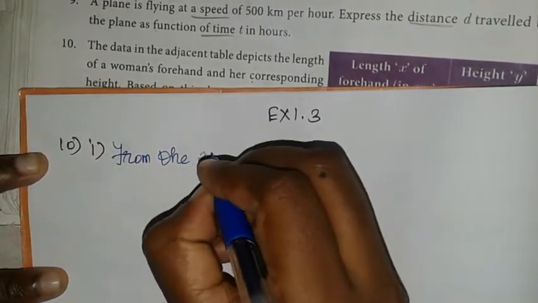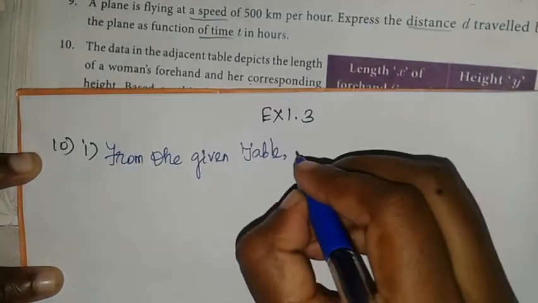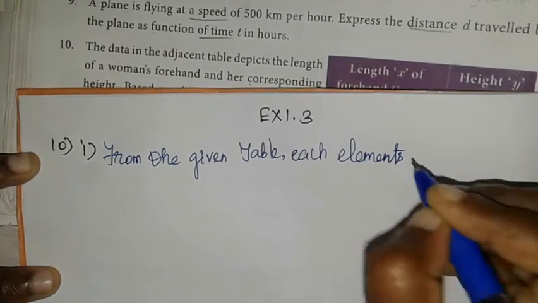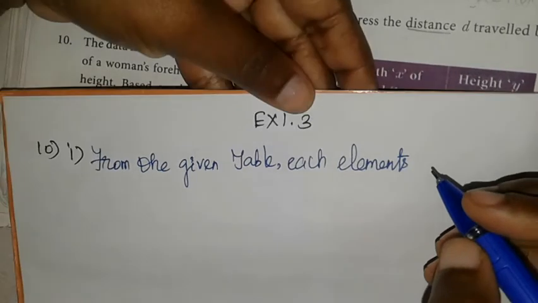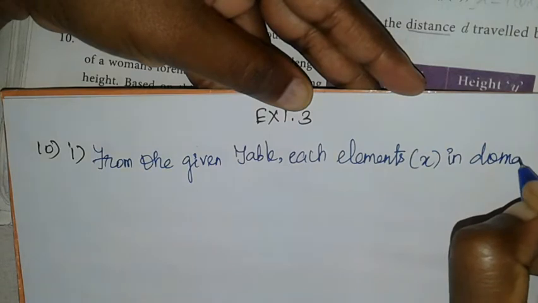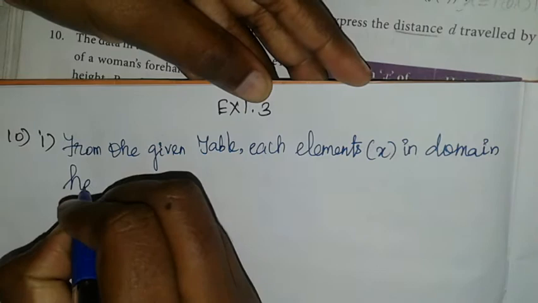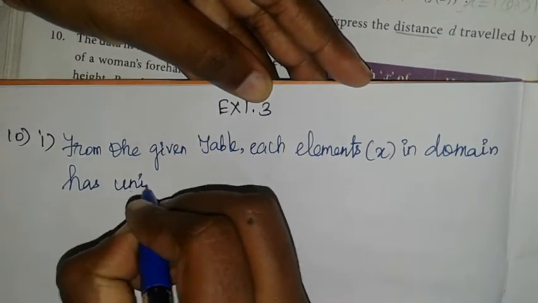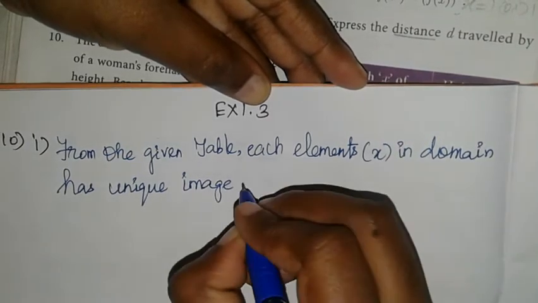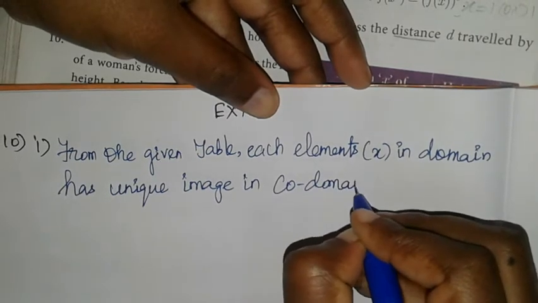From the given table, each element, that means the x values, each element in the domain has a unique image in the codomain, that is in y.